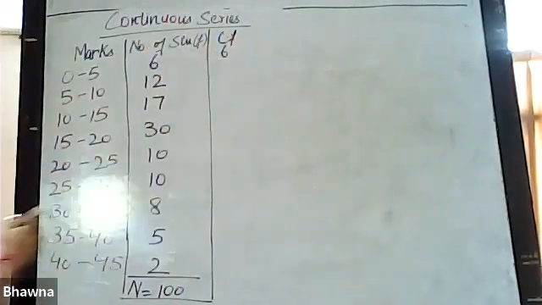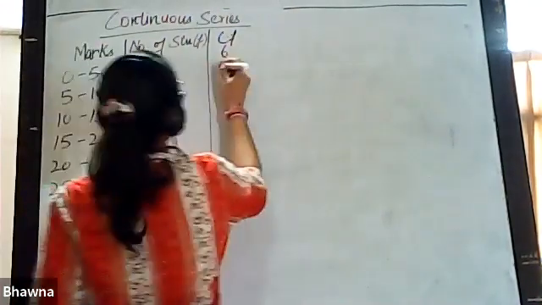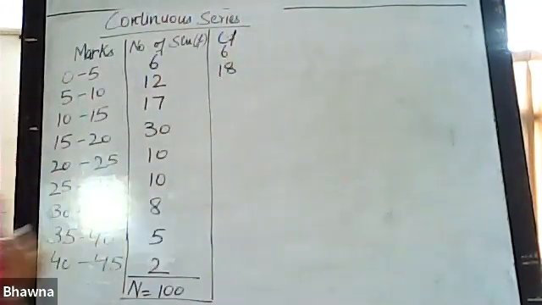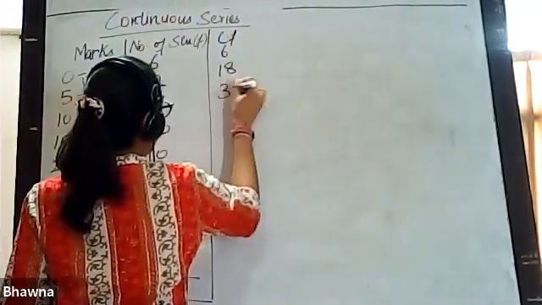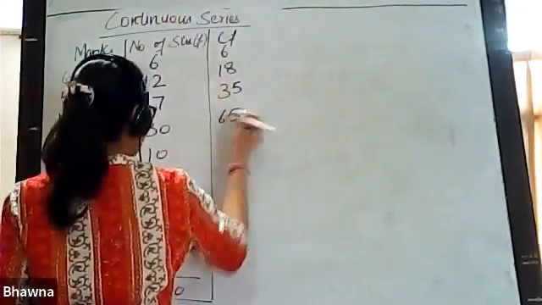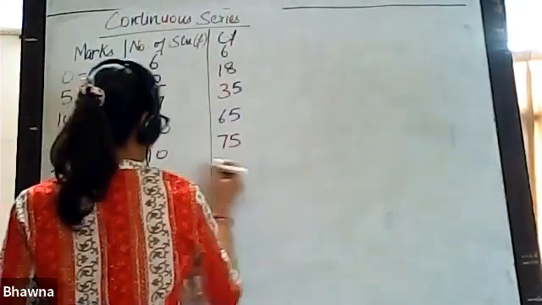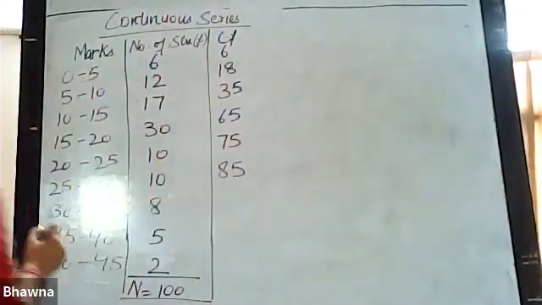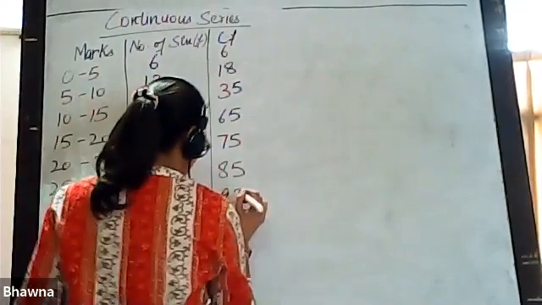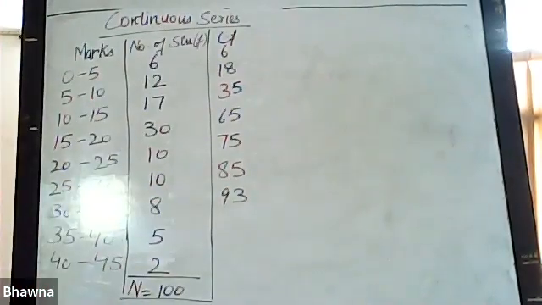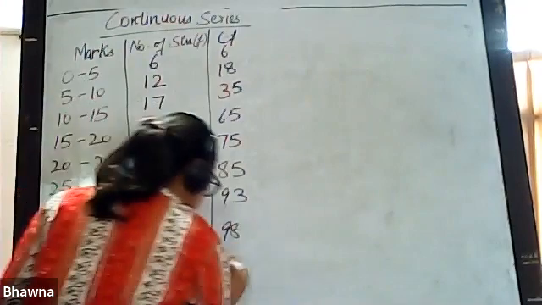The first value is written as it is, and for the second we add the frequency of the second value. 6 plus 12 is 18, 18 plus 17 is 35, 35 plus 30 is 65, 65 plus 10 is 75, 75 plus 10 is 85, 85 plus 8 is 93, 93 plus 5 is 98, and 98 plus 2 is 100.